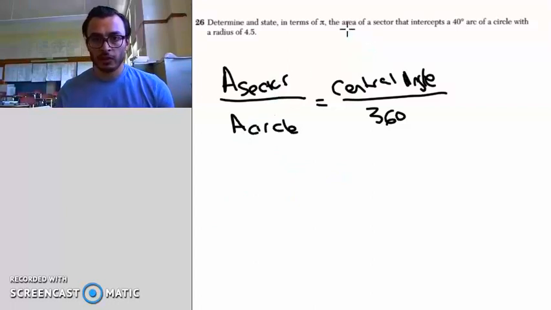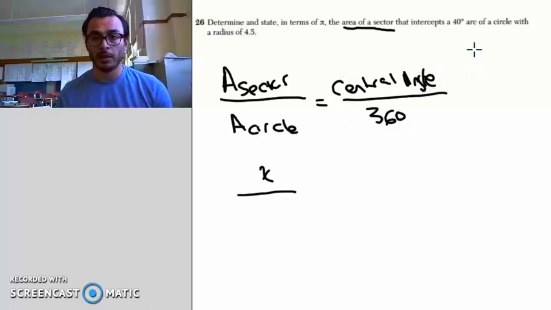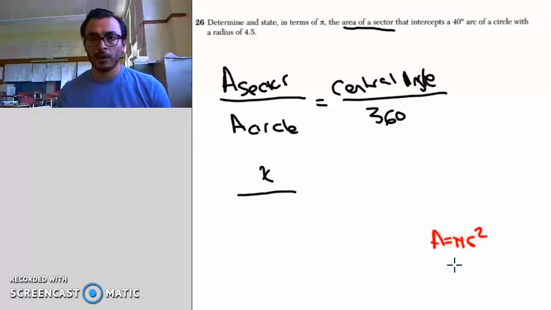So area of a sector, that is unknown, so I'm going to label this X. Area of the circle, I can figure that out. They gave me the radius. I know that the area of a circle is pi r squared. So if they're giving me the radius as 4.5, it'll be pi times 4.5 squared.